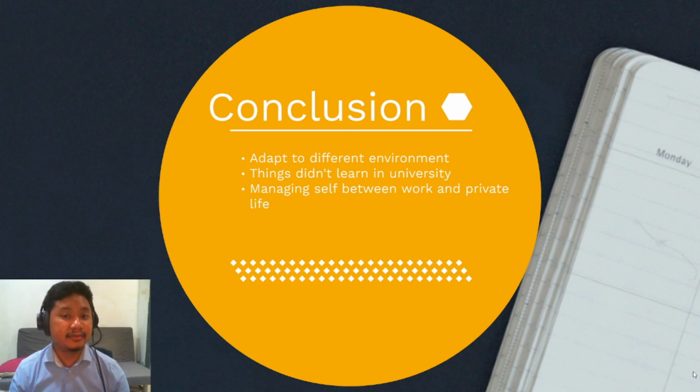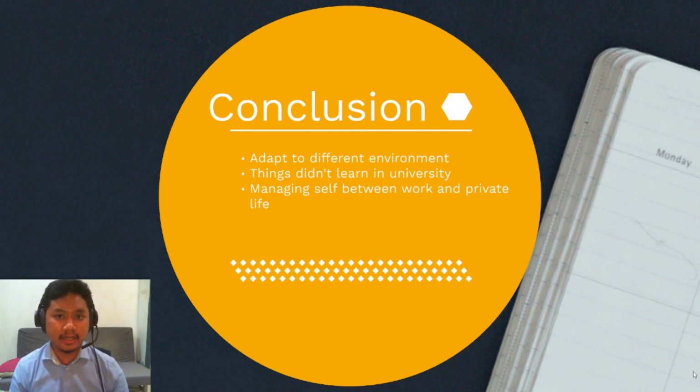The second thing is what I didn't learn in university. What university prepares us with is what we need to learn, not what we want to learn. At work, they always change to different APIs and different tools, but university teaches us the foundation of it.